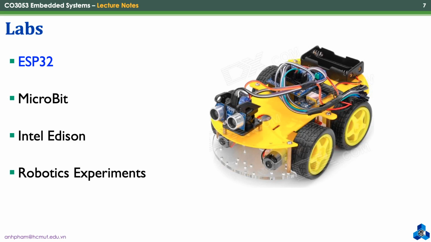ESP32 can be considered as an upgraded version of the ESP8266, because ESP32 not only supports Wi-Fi, it also supports Bluetooth. So it's very convenient to develop some kind of mobile device, or extend the capability to create a connection with other devices.